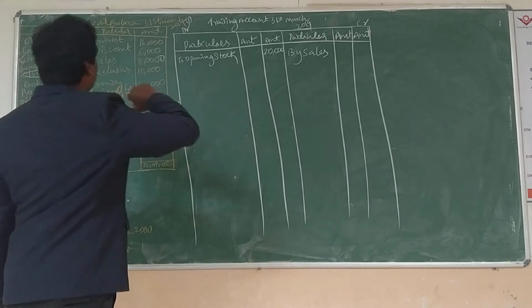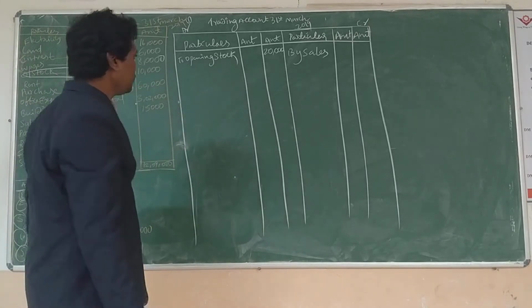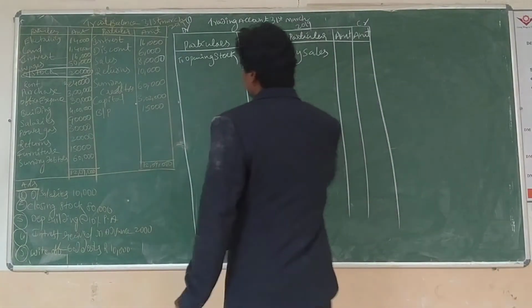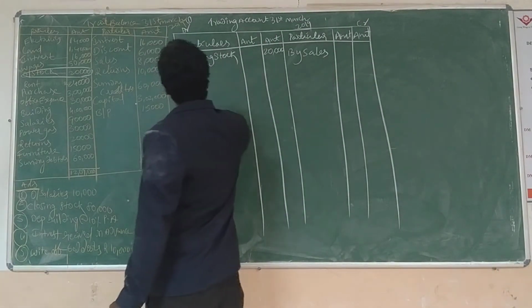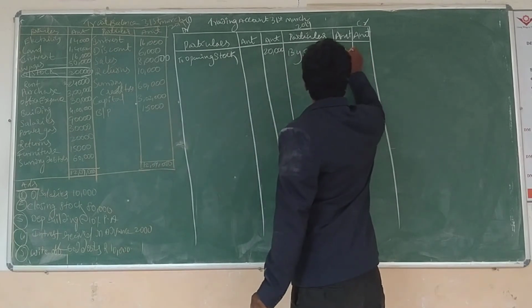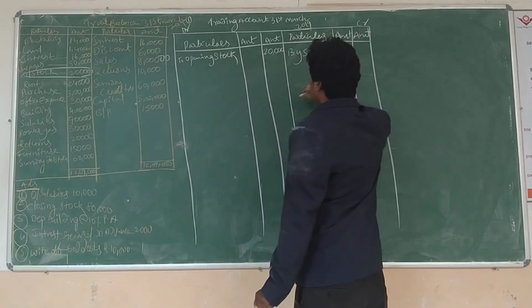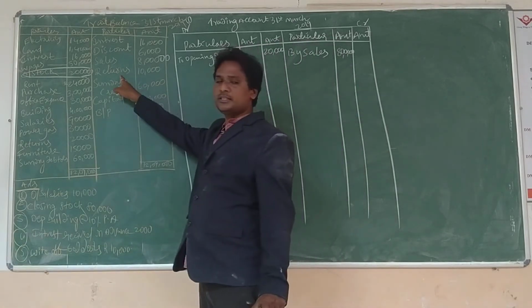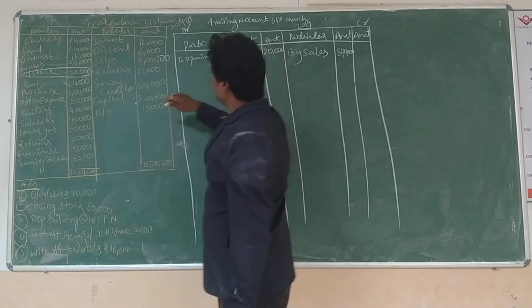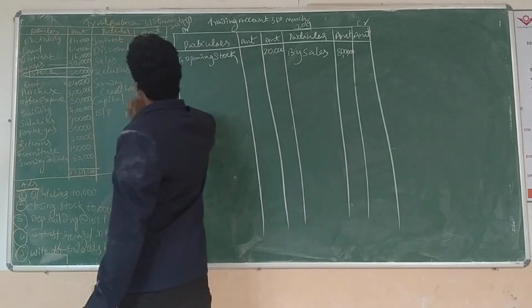According to our question, it is 8 lakhs. So sales are 8 lakhs. Again, sales returns, meaning only sales returns. The amount is 20,000.